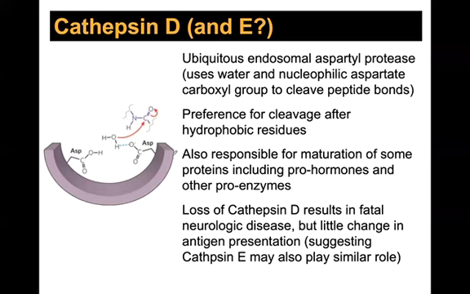But in mice that don't have cathepsin D, it doesn't look like you have much change in antigen presentation, suggesting it may not be that important, or that other cathepsins like cathepsin E may also do the same thing and sort of compensate for it. But in general, cathepsin B is typically more important, and then cathepsin D does play a role.